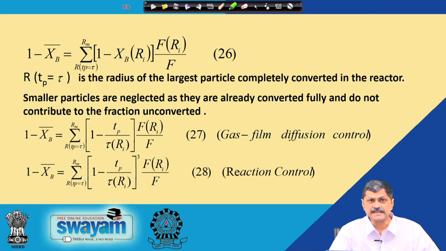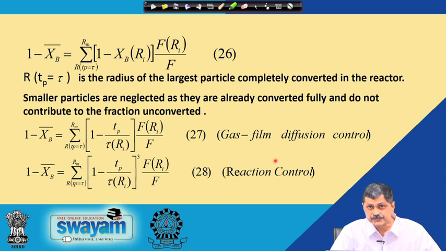Now, this 1 minus x b is a function of R I. So, this we will express in terms of T by tau, and reaction time T is here T p, because all the particles have got the residence time of T p. So, we replace this 1 minus x b.